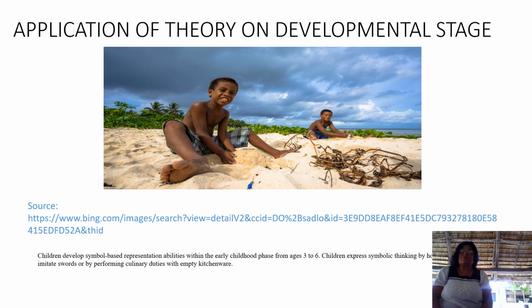Application to the children's developmental stage. Children develop symbol-based representation abilities within the early childhood phase from ages 3 to 6. Children express symbolic thinking by holding sticks to imitate swords or by performing culinary duties with empty kitchenware.